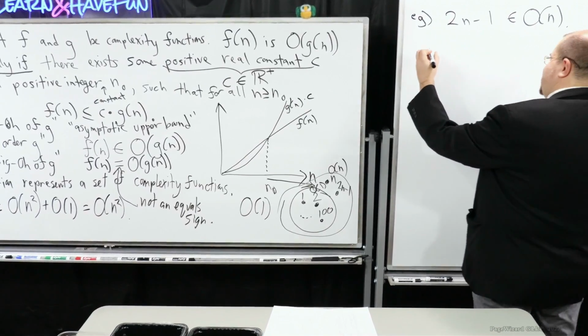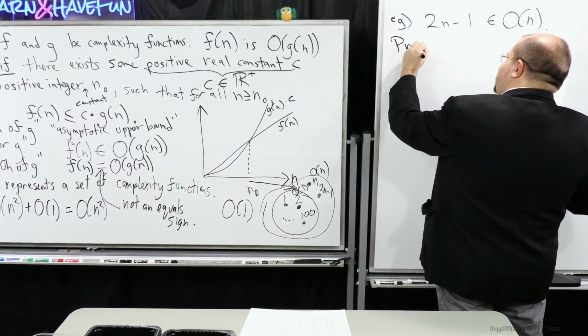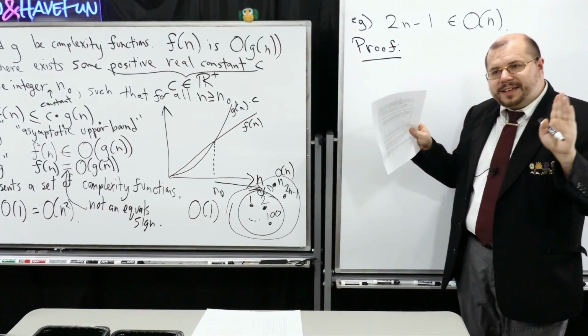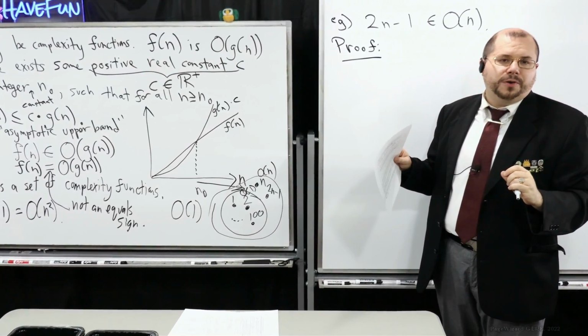So let's do this together here. We're going to try proving this using the definition of big O. Remember, the game plan is that we need to find c and n0, and that's what we're going to say at the beginning of our proof.